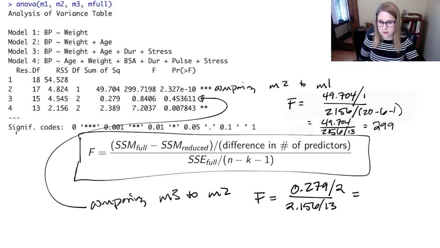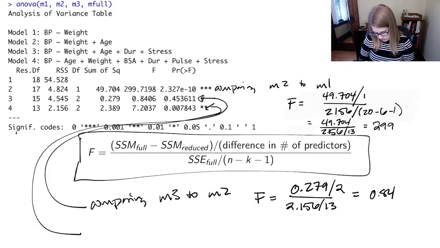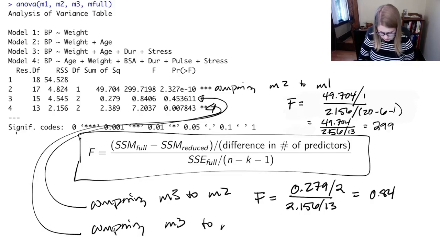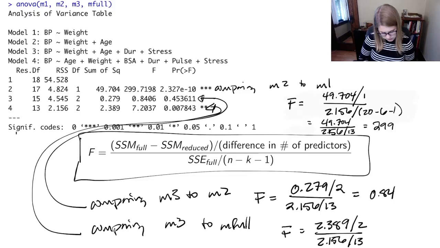And that comes out to be 0.84. And then the last one is comparing M3 to M full, and that would have an F value of 2.389 divided by 2 over 2.156 divided by 13, and that comes out to be 7.2.